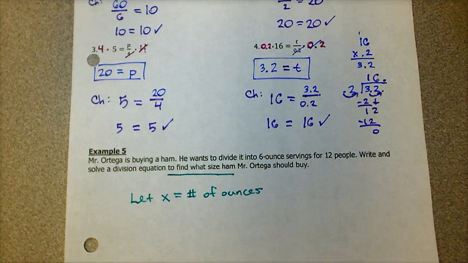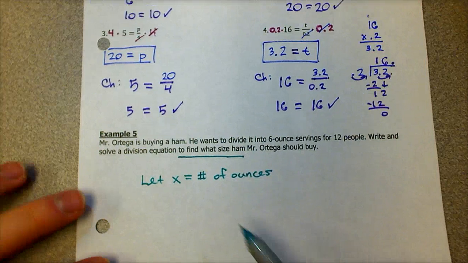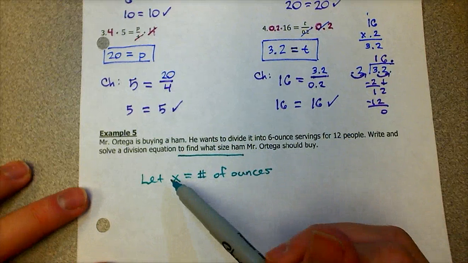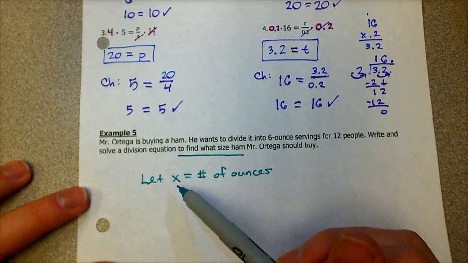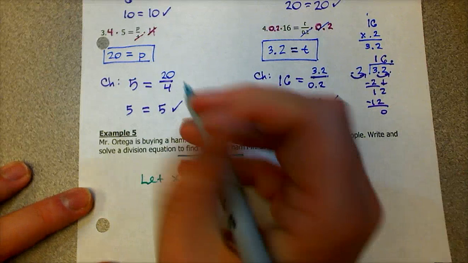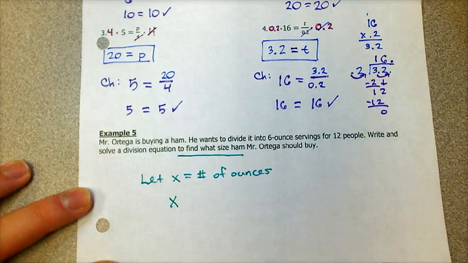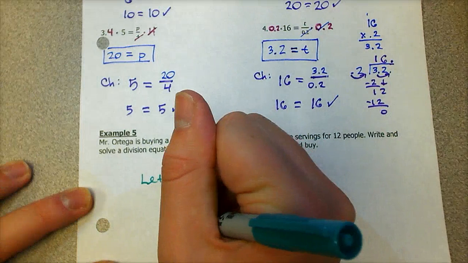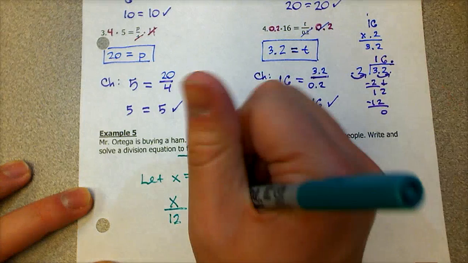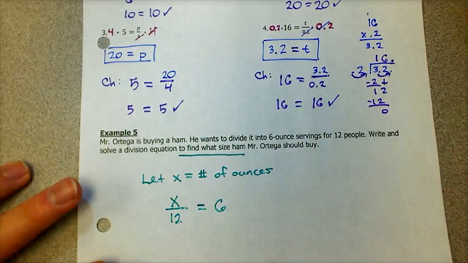Okay, and let's think about how this equation should be set up. So x is our total amount of ounces of ham. Okay, and we want to divide this total amount. Okay, we want to divide it amongst 12 people. So that means the total amount of ham divided by 12 people needs to equal 6 ounces, because each person should get 6 ounces.